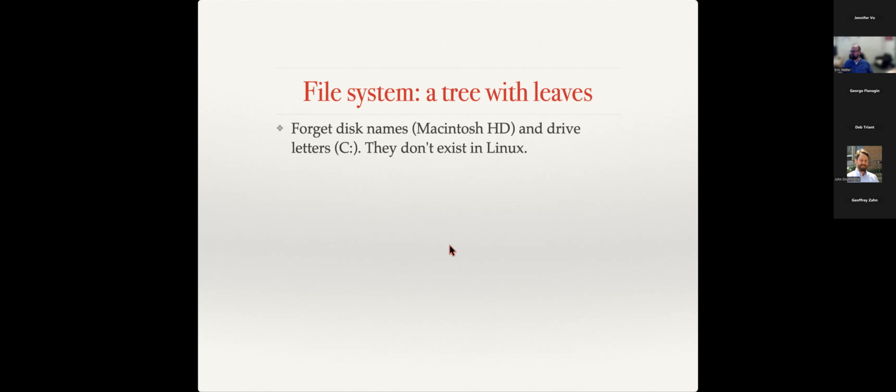The first thing you have to do in Linux is get rid of a few things that you may have learned on Mac and PC, and that is that disk names and drive letters don't really exist in Linux. The Linux file system could be huge, span petabytes, and obviously there's no such thing as a disk drive that's that big yet. So it's a different kind of organization.